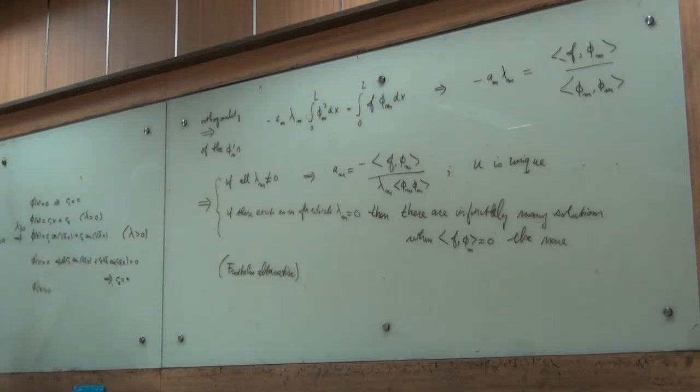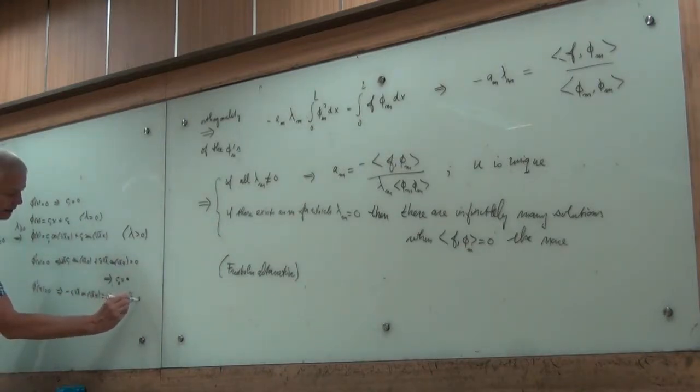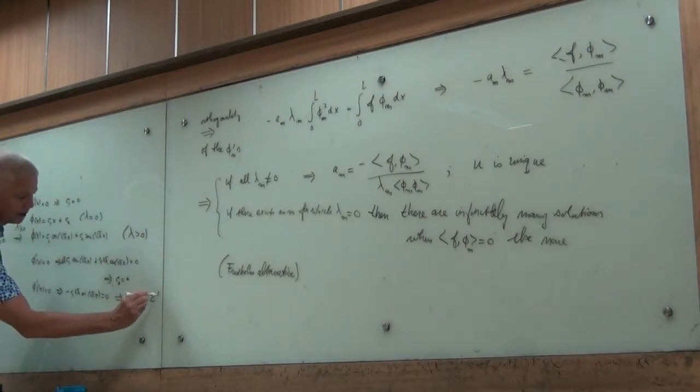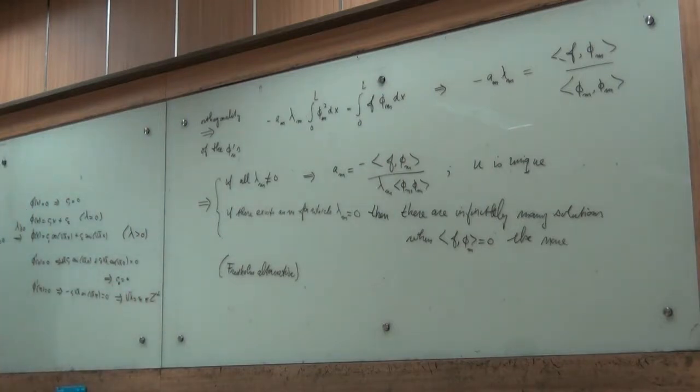Well, c2 is already 0, so that means that minus c1 square root of lambda sine pi square root of lambda should be equal to 0. And that implies that the square root of lambda is equal to n, and that n should be an element in Z plus.